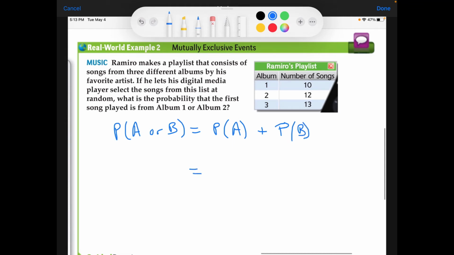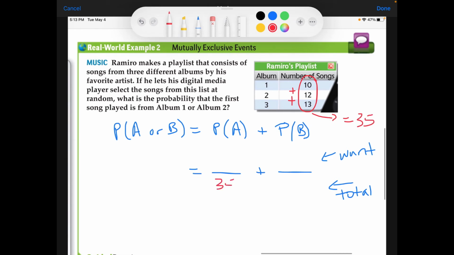So to do this, we always have to find the total at the bottom, right? Total in the bottom and what we want at the top, our desire. Okay, if we count up all of our songs, they add up to, let me write this, we're going to add these, that equals 35. So there's 35 songs in total.